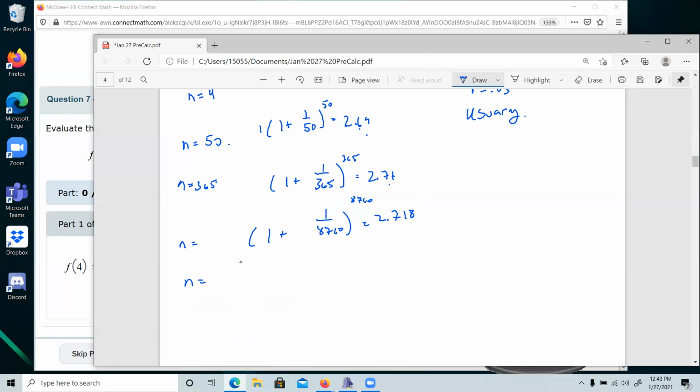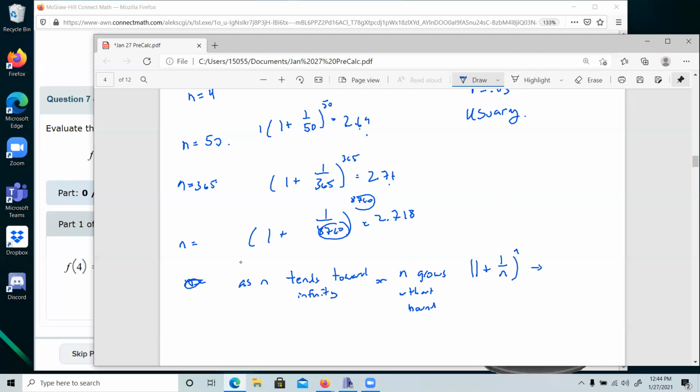What's going to happen is, the bigger and bigger this number gets, we'll say as n tends toward infinity, or as n grows without bound, that's the poetic way of saying all of this, we have 1 plus 1 over n raised to the n.